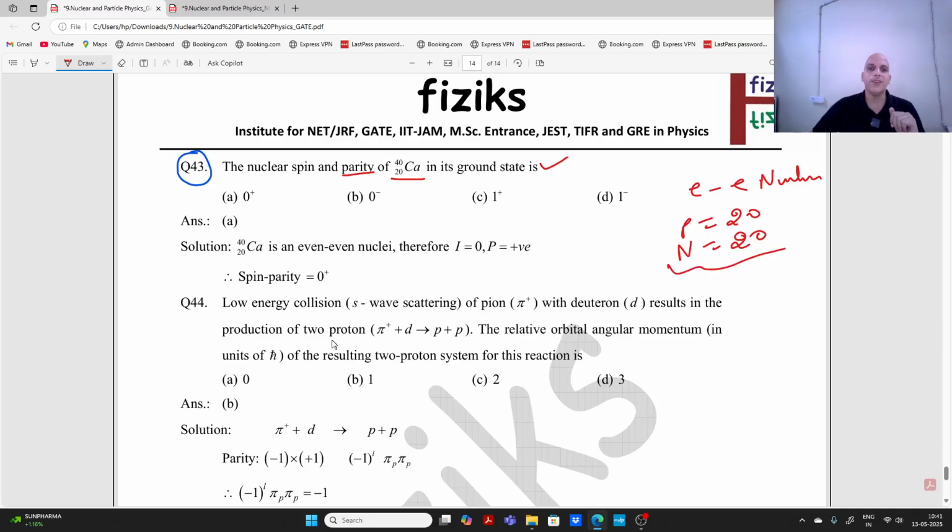So we know very well, as I have told you, that even nuclei according to the shell model have zero spin, because all the nucleons are paired. They cancel out one another's spin angular momentum as well as orbital angular momentum, and they have a positive parity. So the correct answer is, with no need for any calculation, 0 positive, right? But we have to remember all the applications of the shell model, only then can we do it.